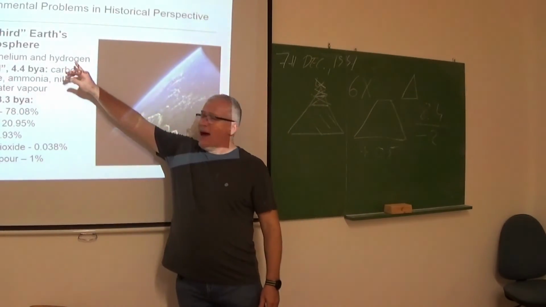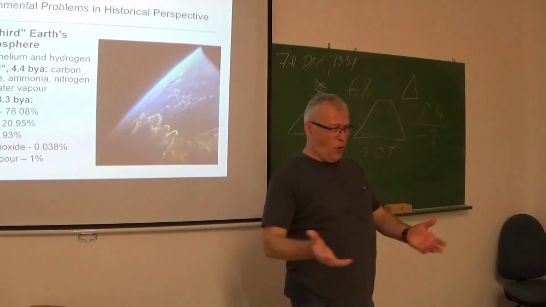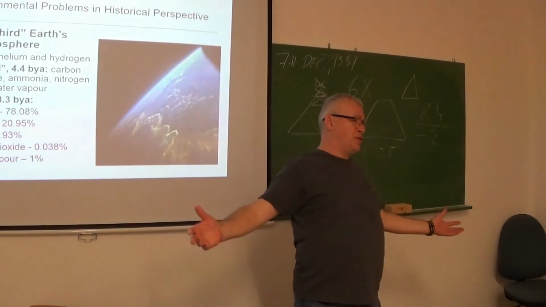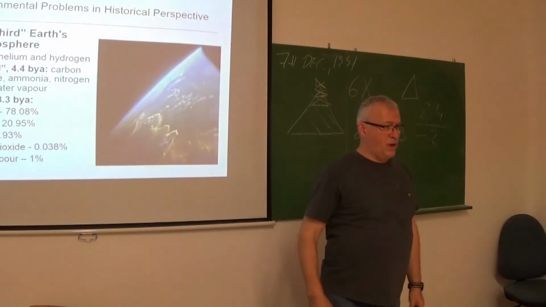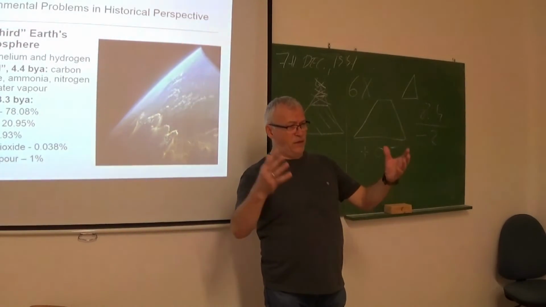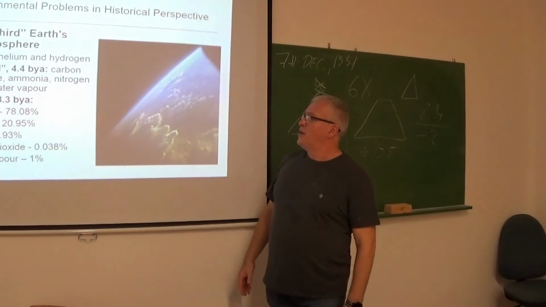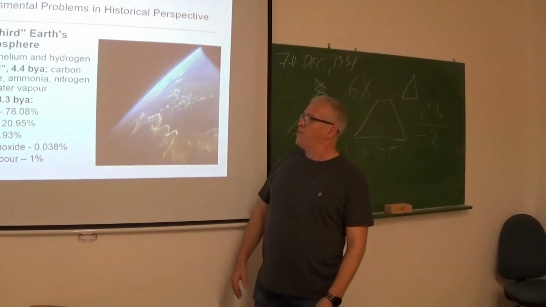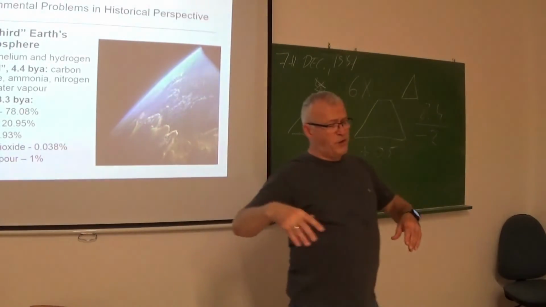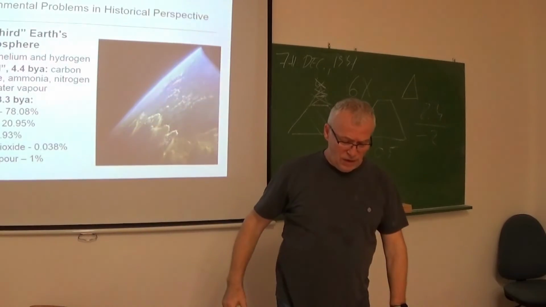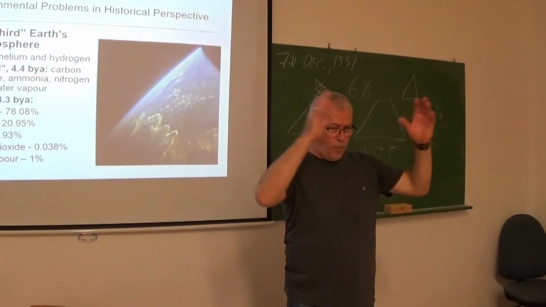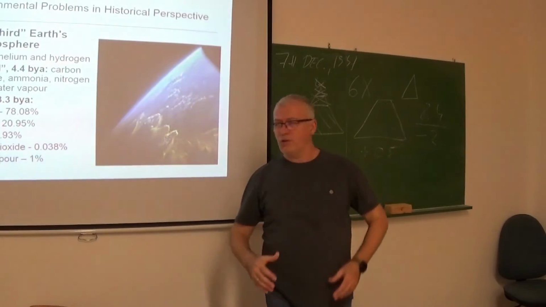The first atmosphere, at the time of formation of the globe, was based on helium and hydrogen. Why? Because the main elements of the sun are helium and hydrogen, and in the sun there is helium and hydrogen fusion.